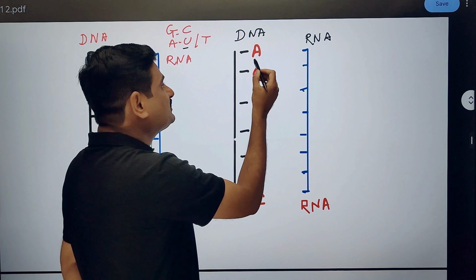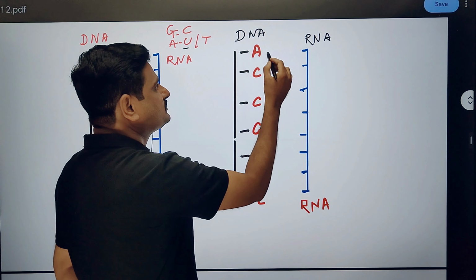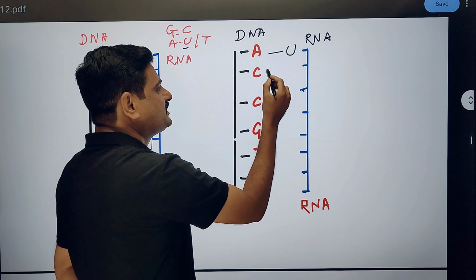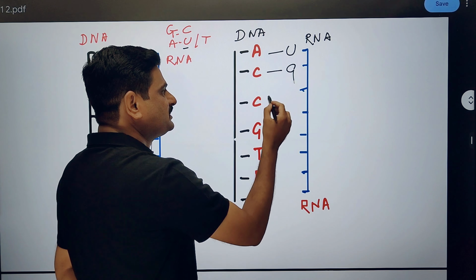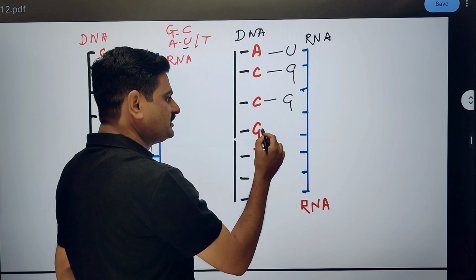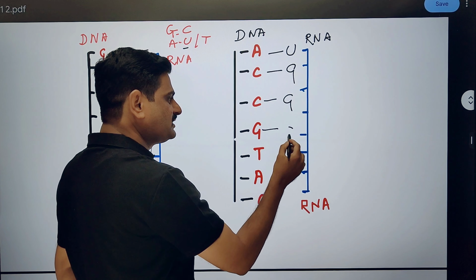Say with me. What is A complementary? U. Okay sir, U will come. C there, then G. G there, then C. T, then A. A there, then U. C, then G. RNA ready. So synthesis of RNA as per the nucleotide sequence of DNA is called transcription.